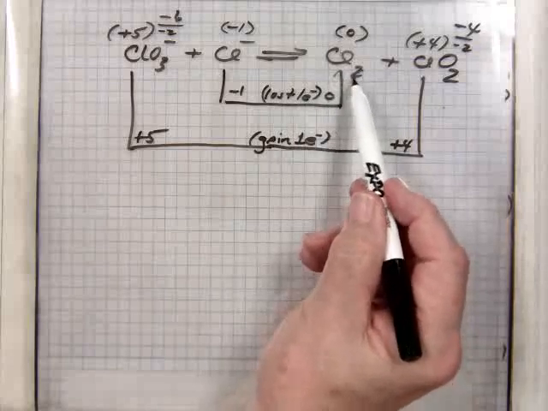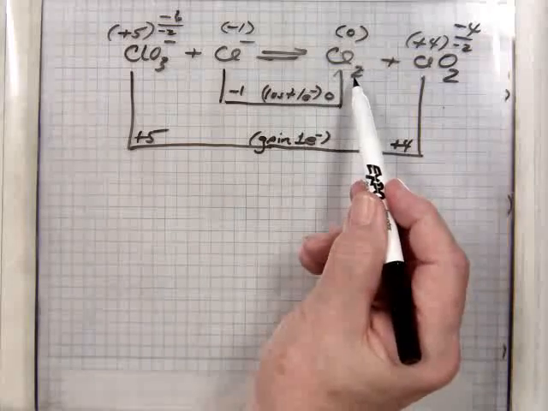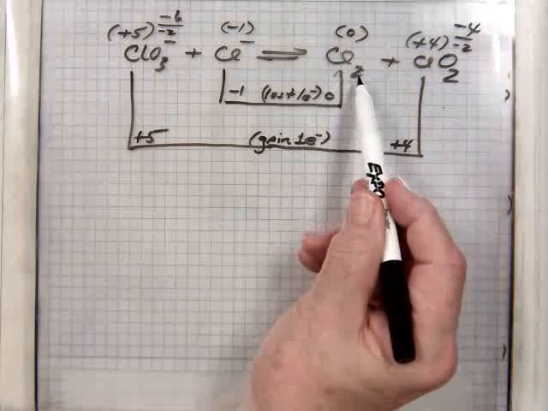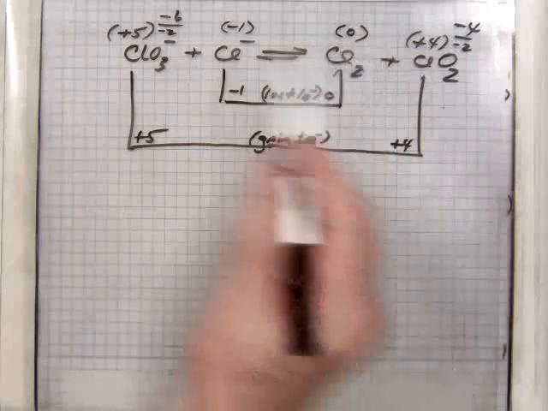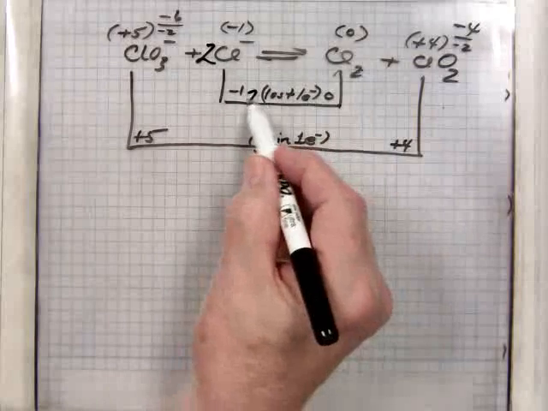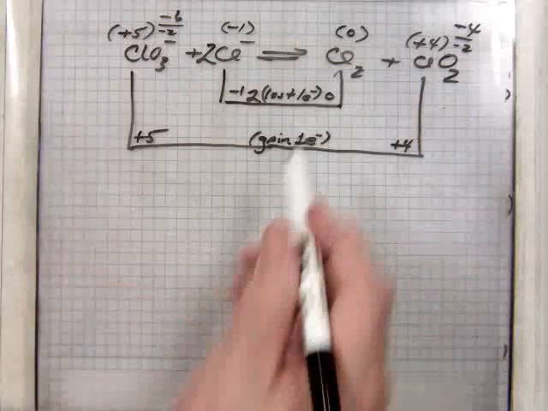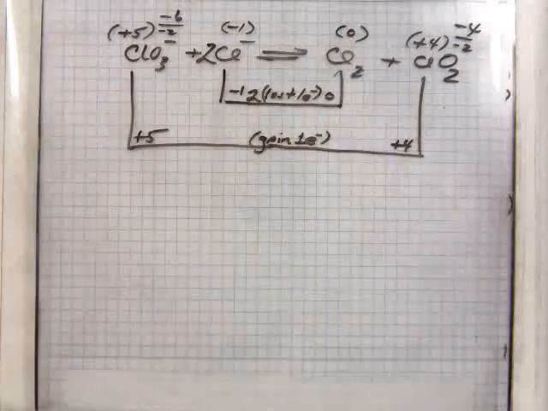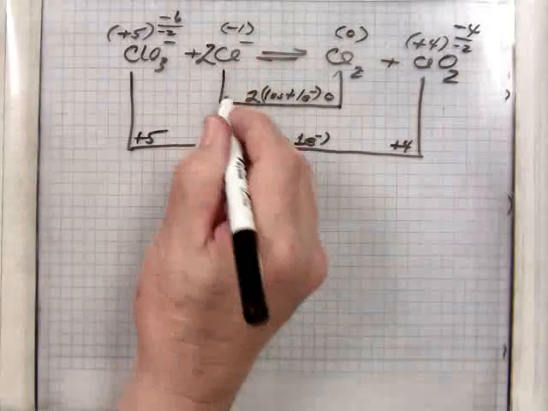So in generating this, listen to me carefully. In generating a Cl2, how many chlorides do you have to have? 2. Got to have 2. So you're forced into this by default, so to speak. Everybody see what I'm trying to emphasize here? You're forced into that. Now you start balancing your charge after that. So I'm going to move this over just a little bit.